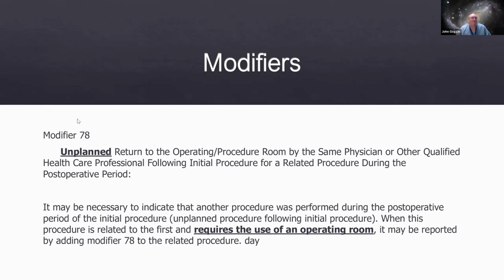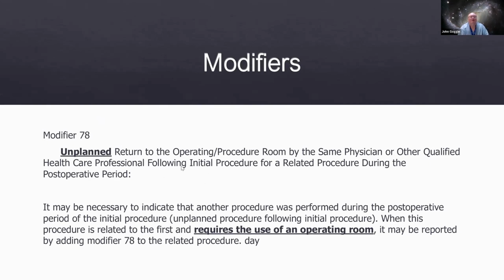One thing important about 78 is that it requires the use of an operating or dedicated procedure room. So you cannot use 78 if you're able to take care of it in the office. So for instance, if you did a neuroma and the patient had a hematoma, not an uncommon complication, so you had to do an incision and drainage of that hematoma, that complication is part of your procedure.